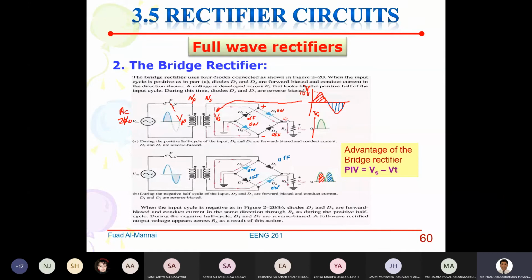And therefore, as far as the resistor is concerned, which is the RL, the current will flow like this, go like this. Okay, and it will put positive here, negative here, and then it will go to the ground and it will complete the cycle. And therefore, you will get another half cycle at the output.